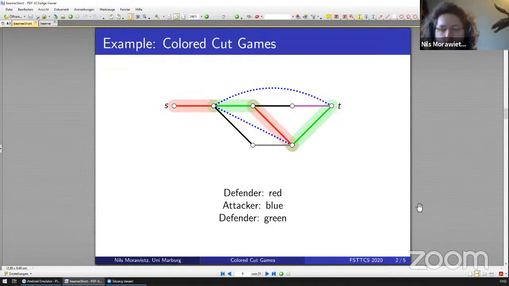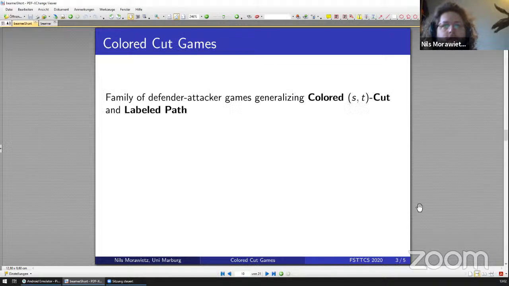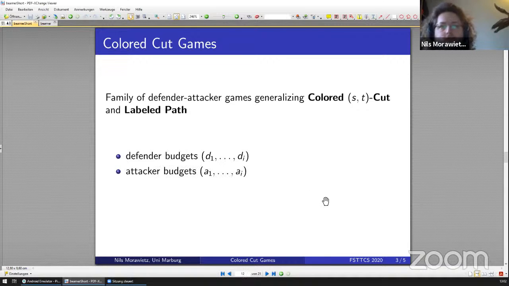So this is not all about the colored cut games. In general, they are defined the following way: they generalize many famous problems that were well analyzed in the past to model specific aspects of network security analysis. And the budgets are not one in each of the turns, so we have budget vectors. We have, first of all, i turns.